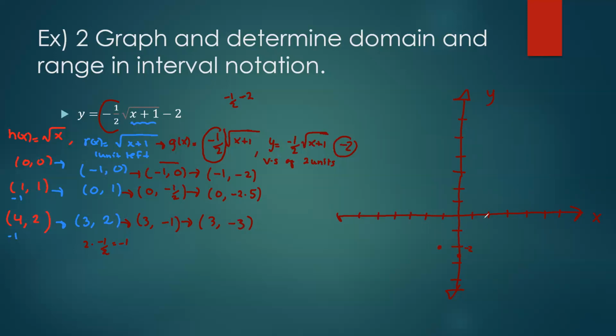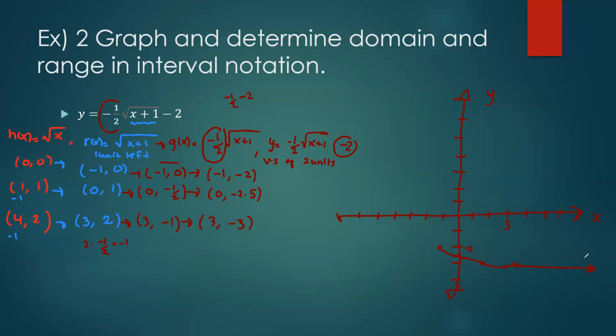And 3 comma -3 is 1, 2, 3, 1, 2, 3. Okay, so it's going to look something like this. Now, the good news is there are no asymptotes, so we don't have to worry about this.